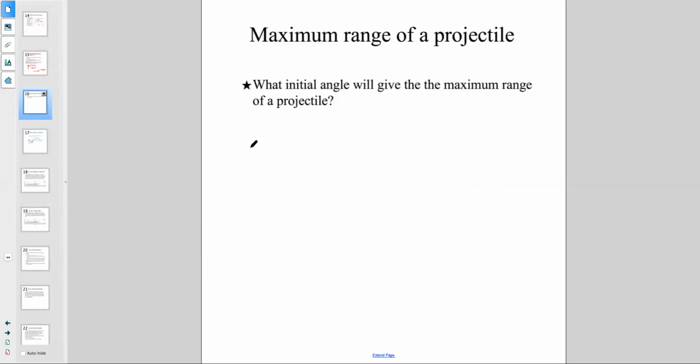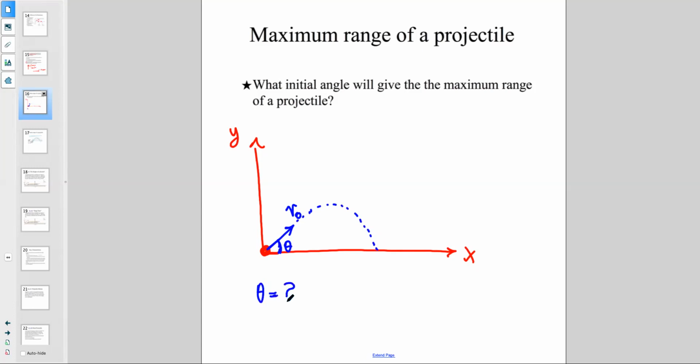In other words, if I have the y direction right there, and the x direction right there, and I have a ball or an object which is going to be launched at an angle of theta with v0, we want to know what angle will give us the maximum range. That's what we wanted to know.